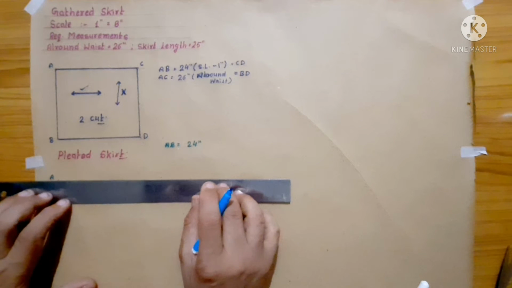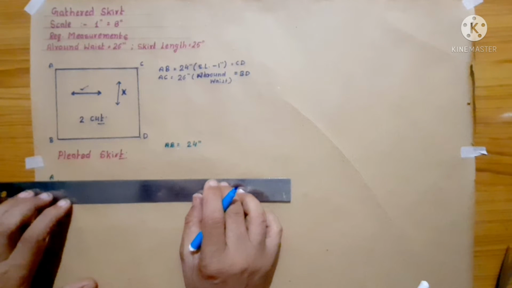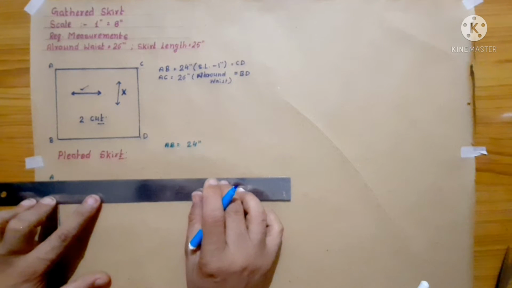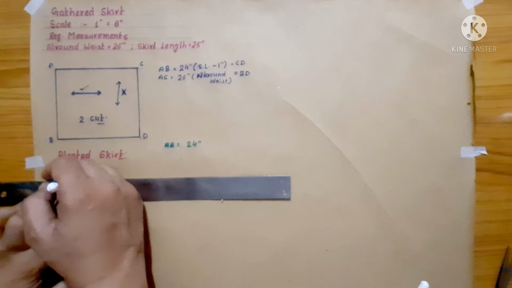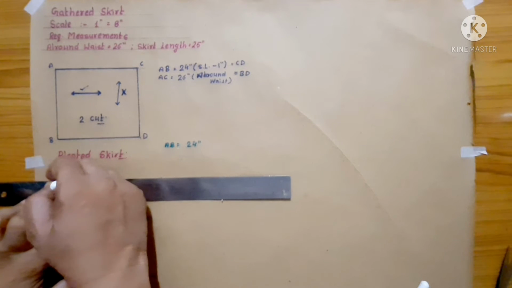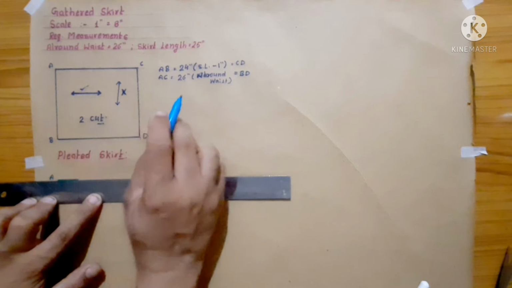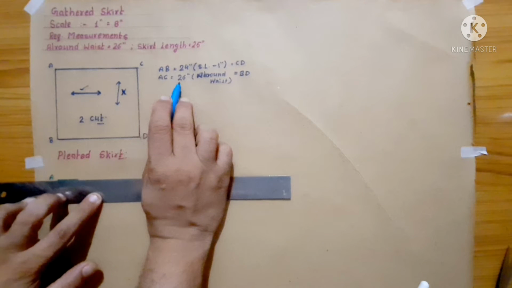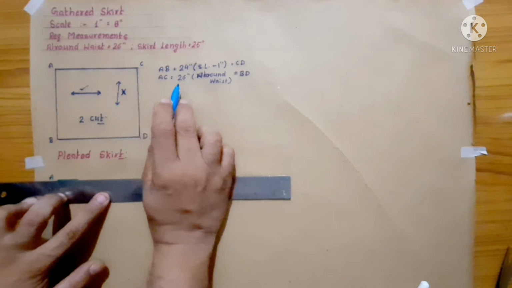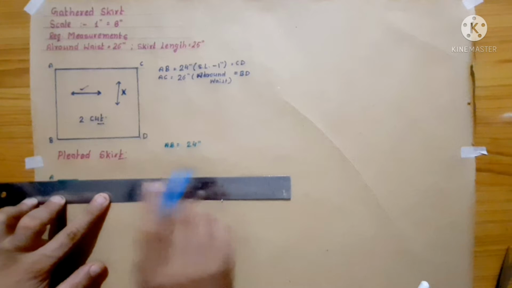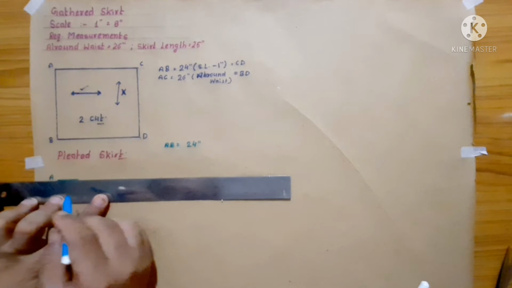Here line AC is perpendicular to point A and it is 1.5 times of this, right? That means 39 inches. It was 26, now 39.